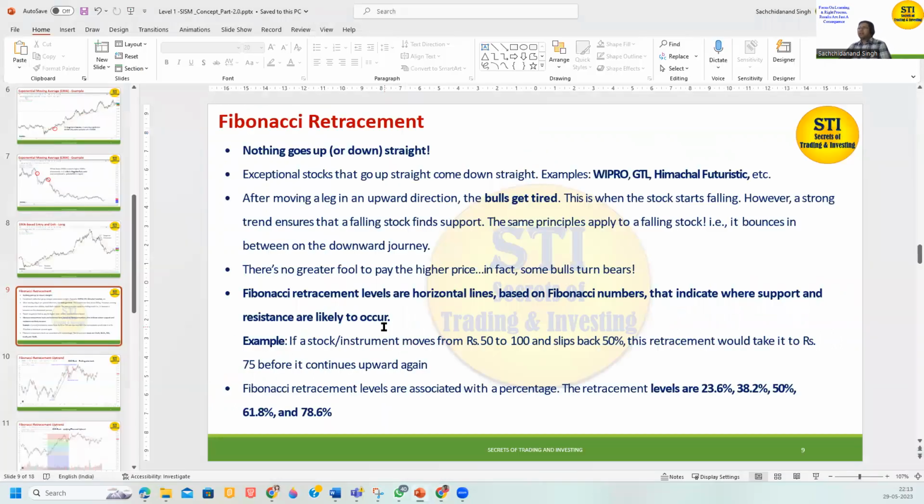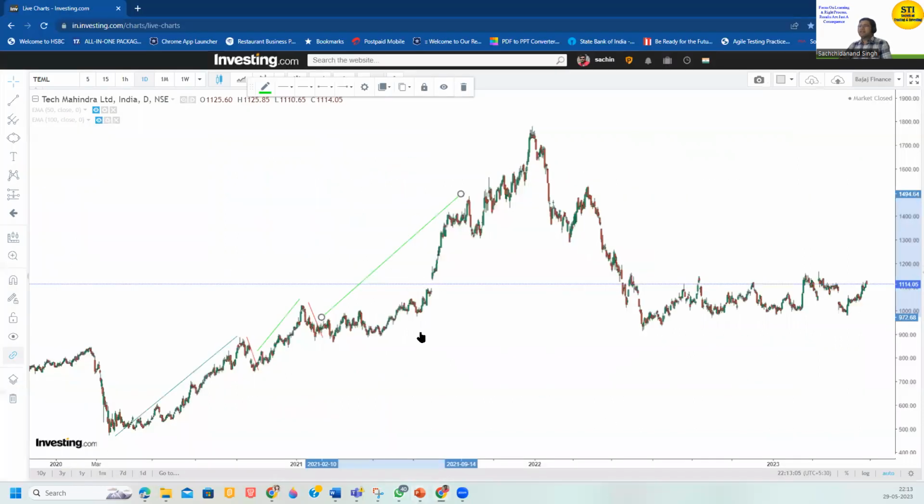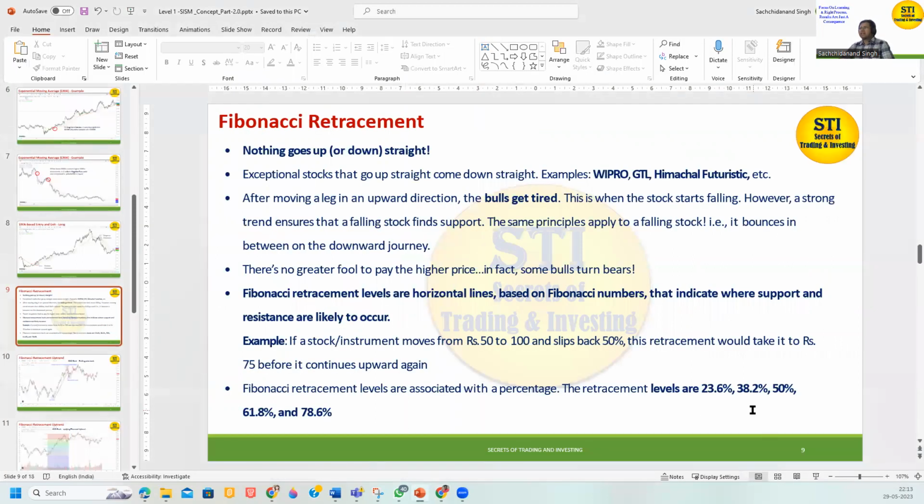The main thing is, whenever it takes rest, how much rest is called a healthy rest, in terms of percentage? Suppose a stock price moves from 50 rupees to 100 rupees.